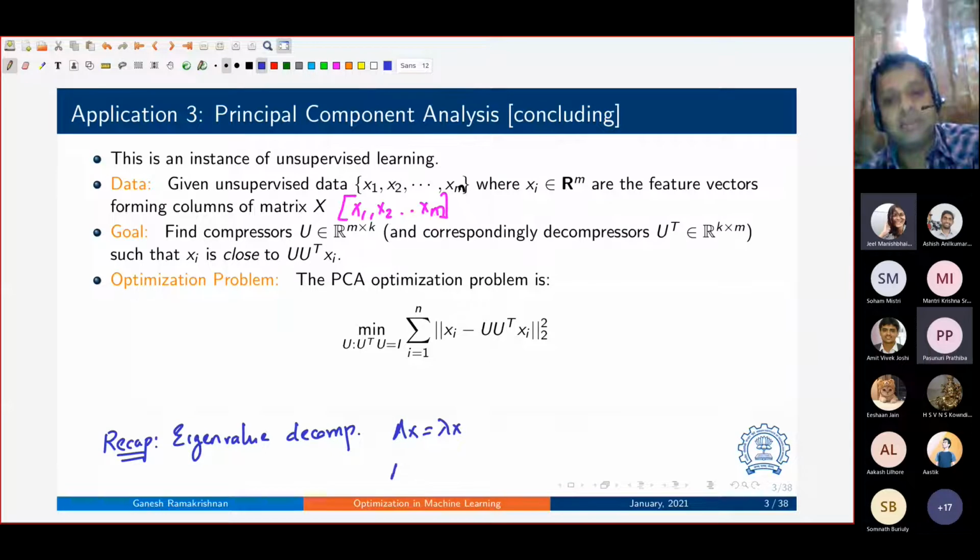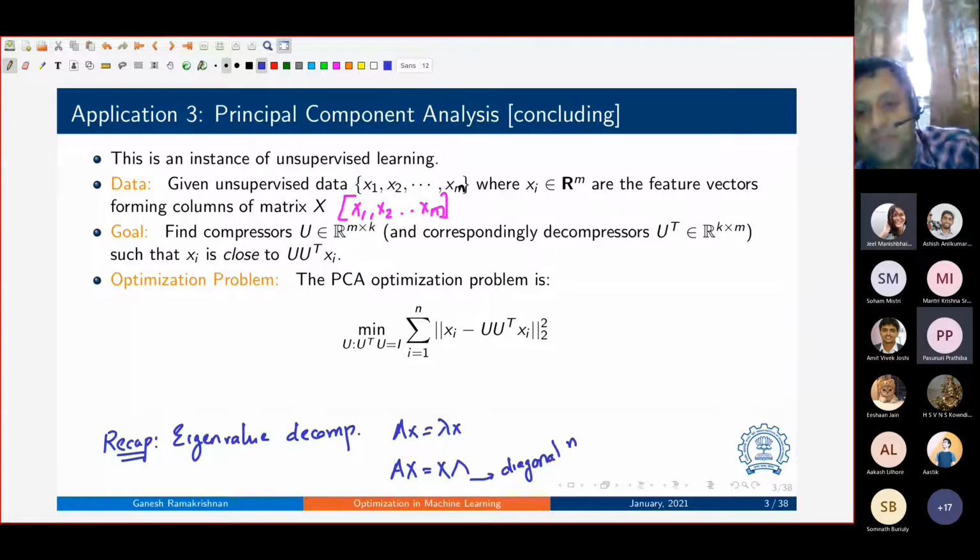And that leads to the overall decomposition AX equals X capital Lambda, depending on how you state it. This capital Lambda is a diagonal matrix of eigenvalues.